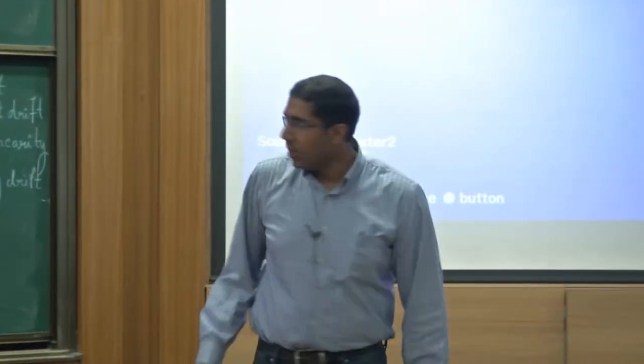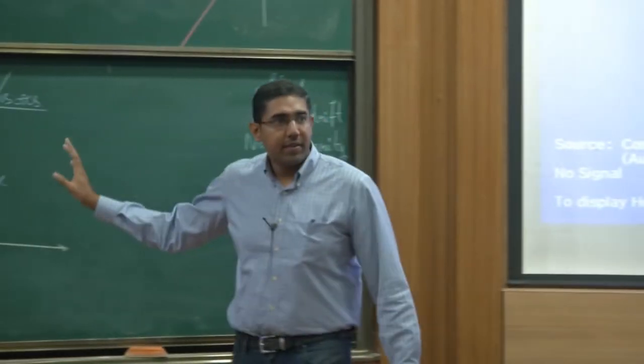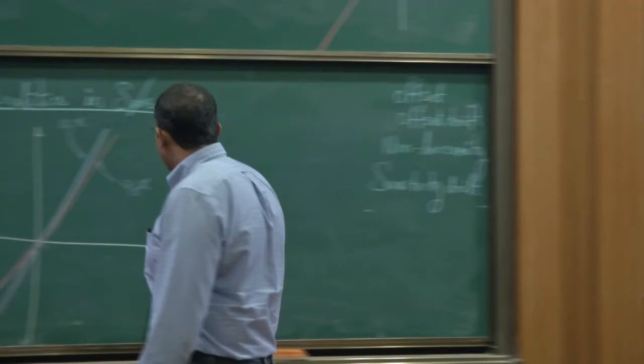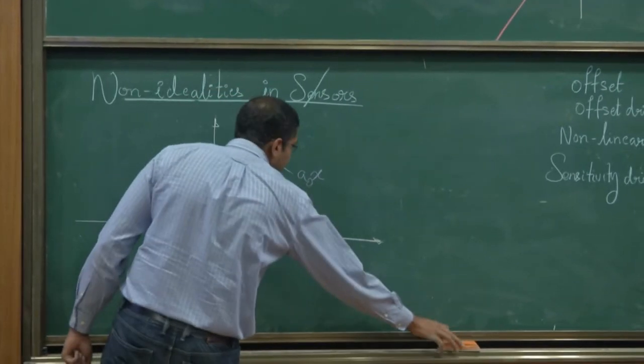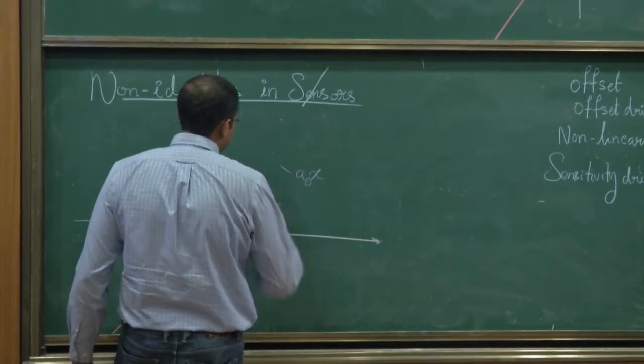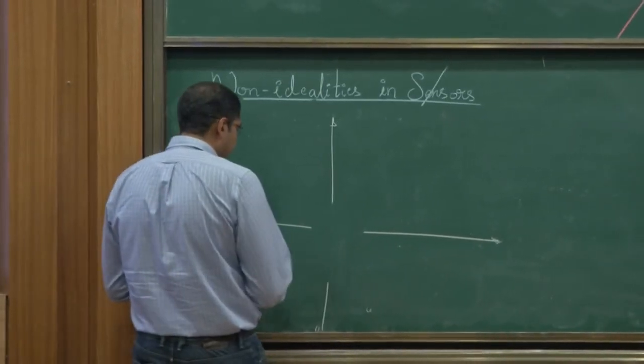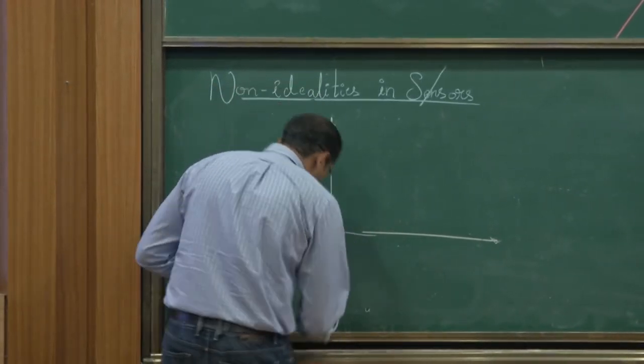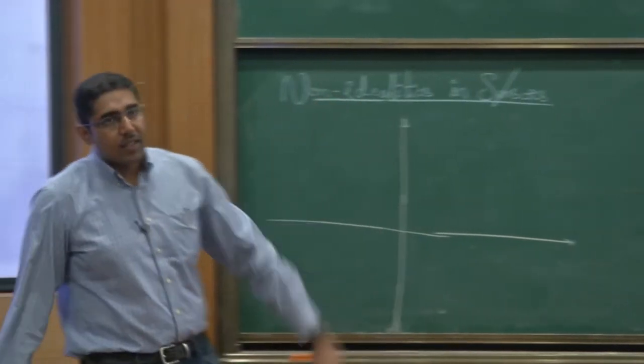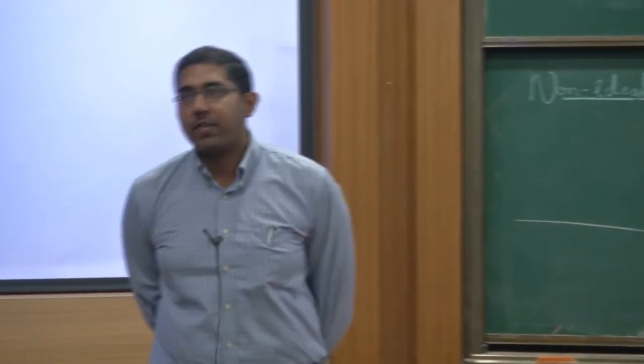Is this clear? Okay. So the next thing is the following. How else can you make that curve different?